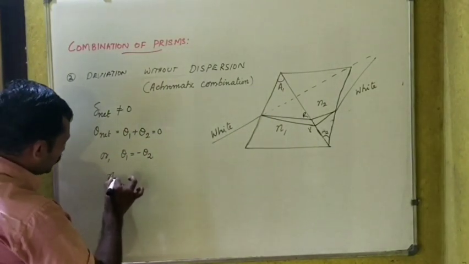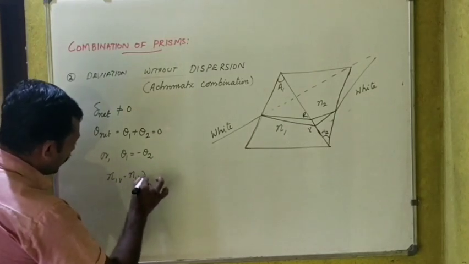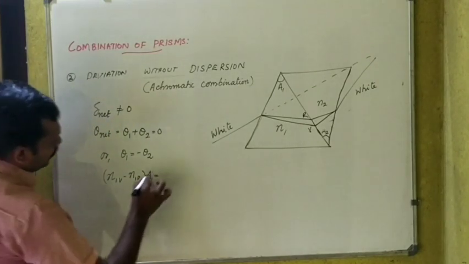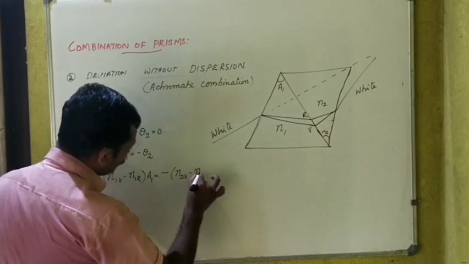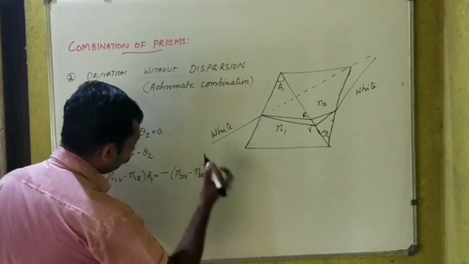So I will write this theta 1 as N1V minus N1R into A1 is equal to minus of N2V minus N2R into A2.